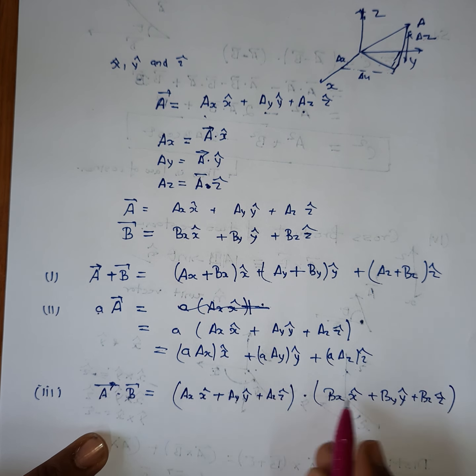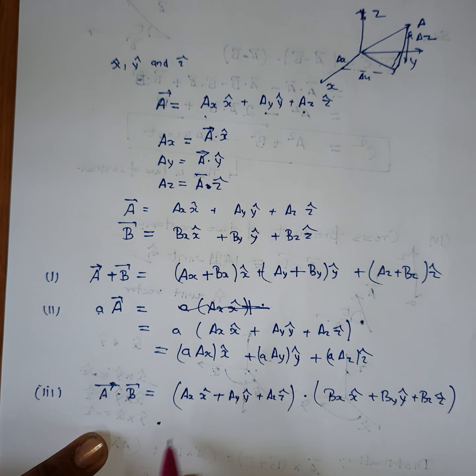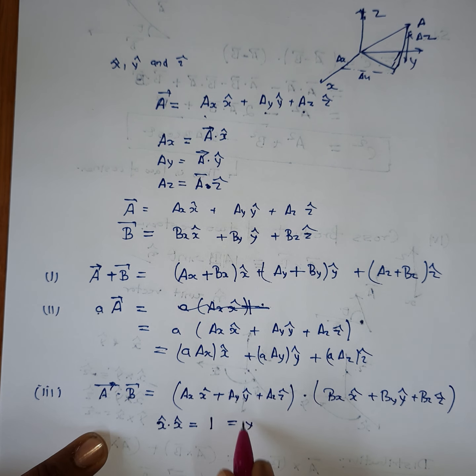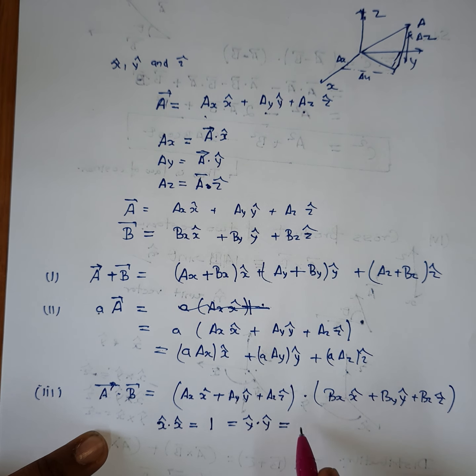When you take the dot product, you know that x cap dot x cap is equal to 1, and it is also equal to y cap dot y cap and z cap dot z cap. This is because of the property of the unit vector: the magnitude is 1 and the angle is 0, so cos 0 is equal to 1.